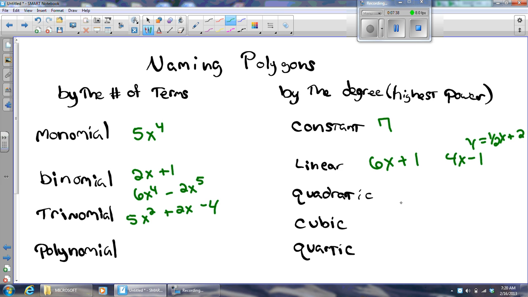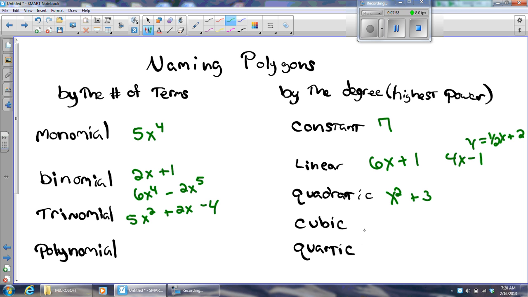Quadratic, the highest power has to be 2, and we've been working with quadratics, and we're going to spend a lot of time. Next chapter will be all quadratics, and we're actually going to learn about graphing them. Okay, that's quadratic. Quadratic could be a trinomial, like when we factor, like a perfect square trinomial. Those are quadratic.